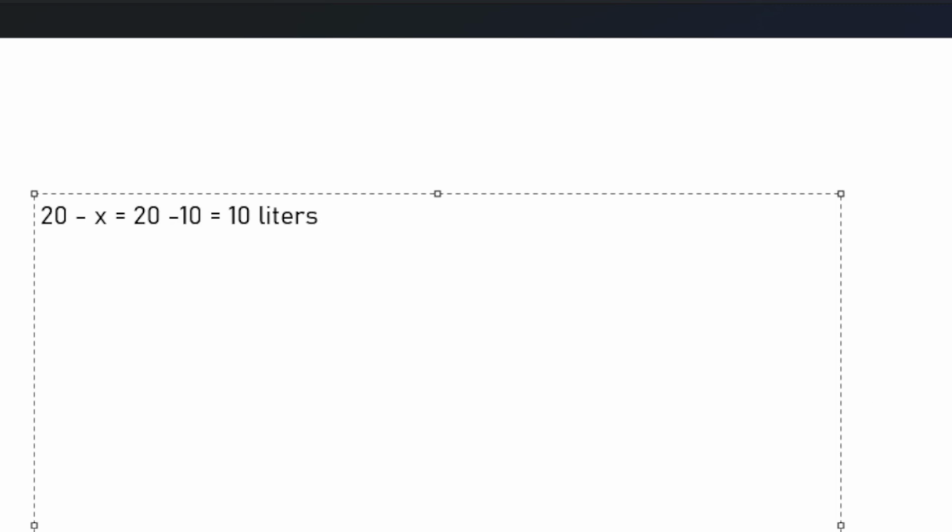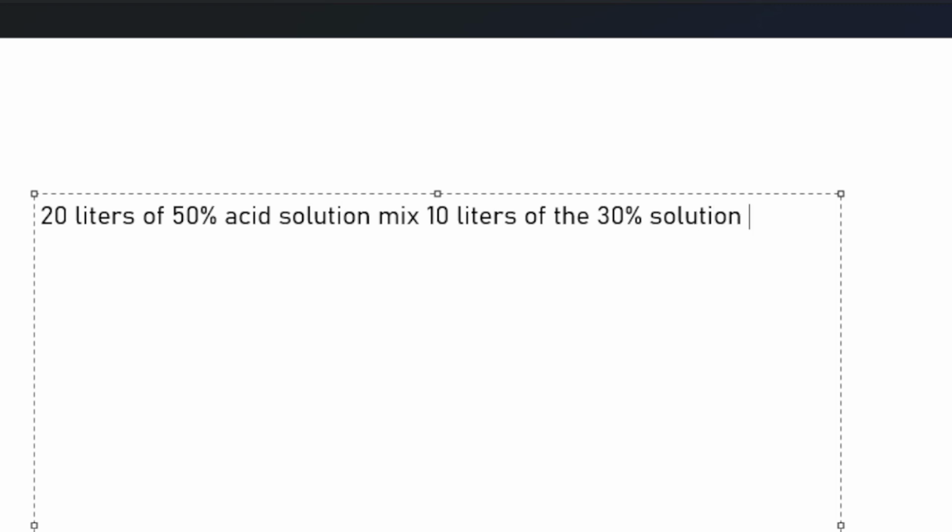So the final answer is: to create 20 liters of 50% acid solution, mix 10 liters of the 30% solution and 10 liters of the 70% solution. So that's how you solve a mixture problem.